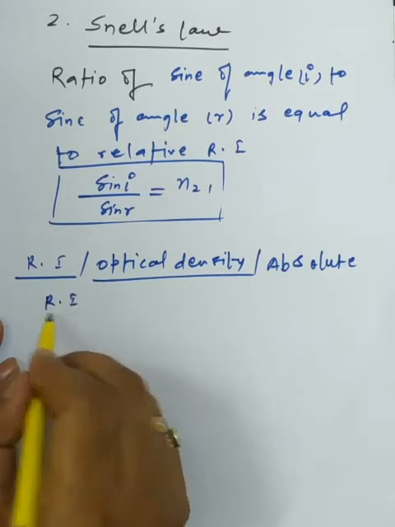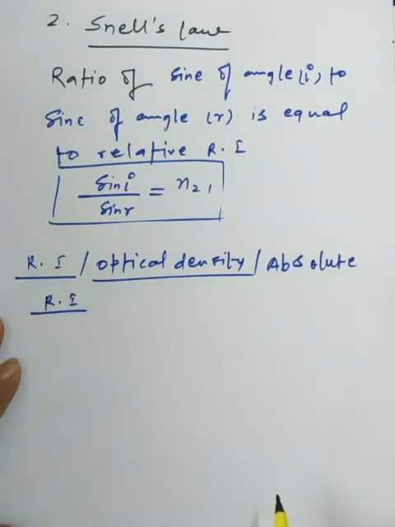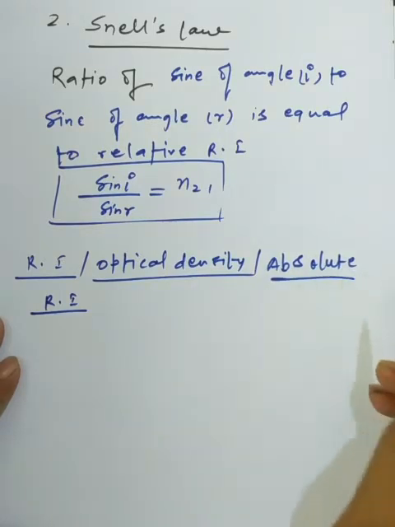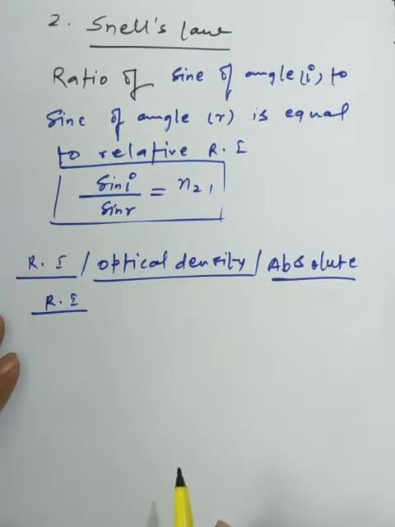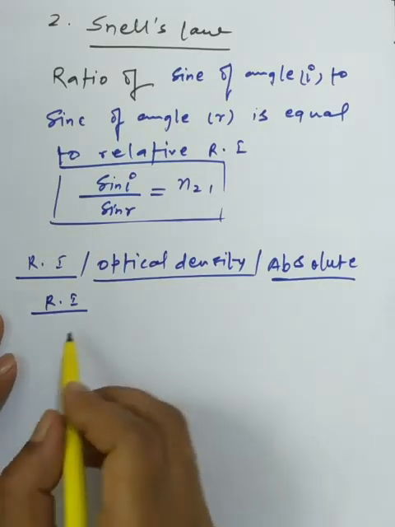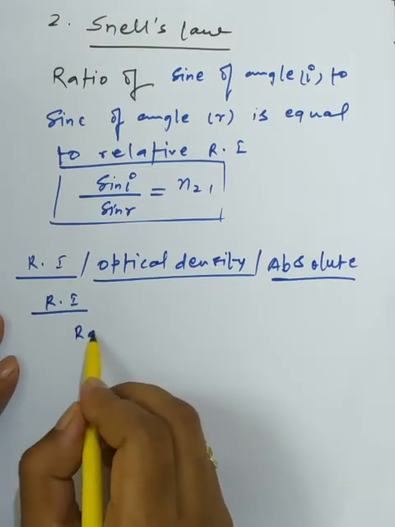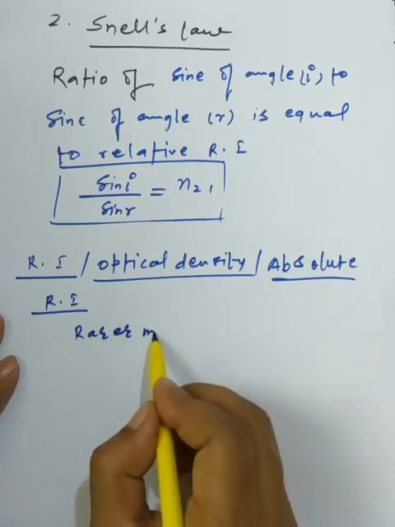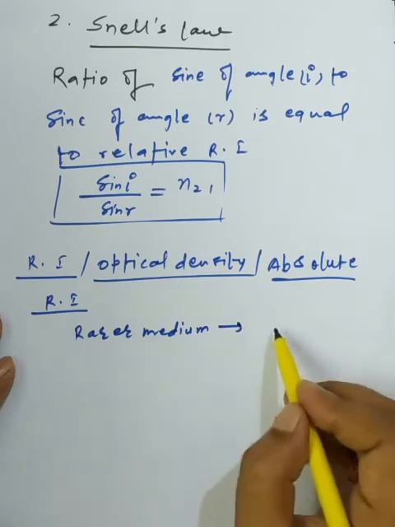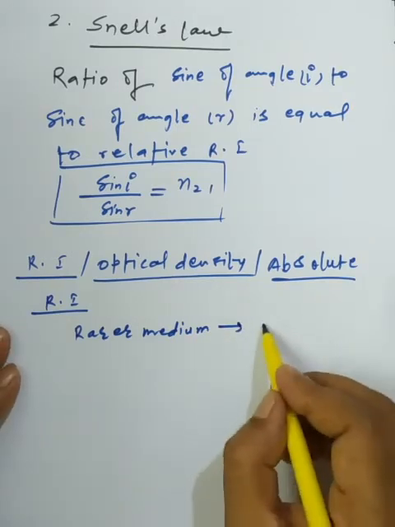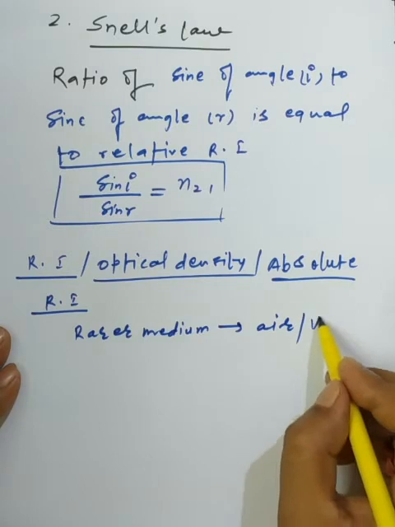Whenever we compare the refractive index of a medium with respect to air or vacuum, this is the consideration of the absolute refractive index, or optical density, and generally it tells about the medium, how much it can bend the light as per its refractive index. So first we have to take the examples of the rarer medium. Generally we use the rarer medium, which does not affect the velocity of light. So we have two types of medium, that is called air or vacuum.